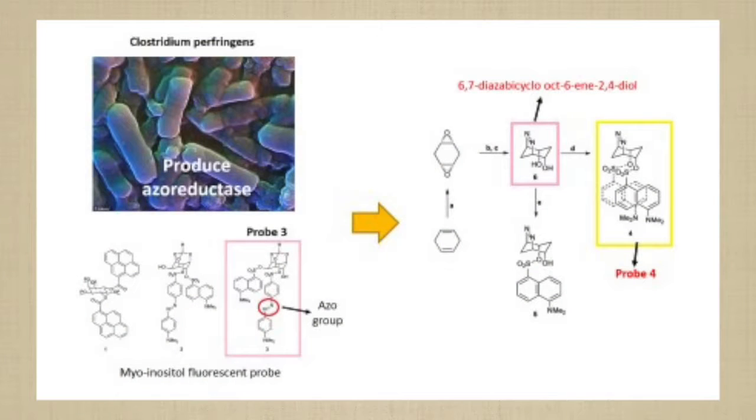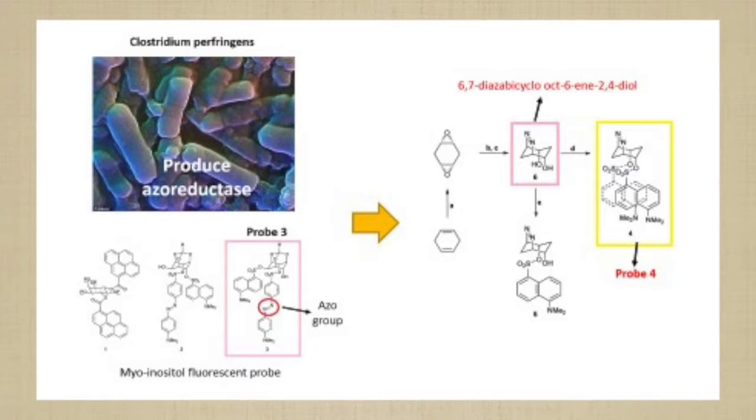From the report, they used the advantage of azoreductase activity of bacteria and the previous myo-inositol fluorescent probe, which has reduction of the azo group in the static range. They combined this approach to design probe 4 as a cyclohexane base, which uses this azo group as a bioreductive trigger for a conformational ring flip.